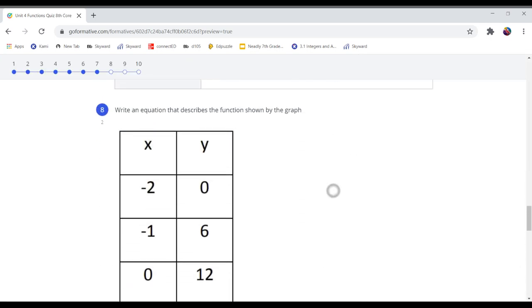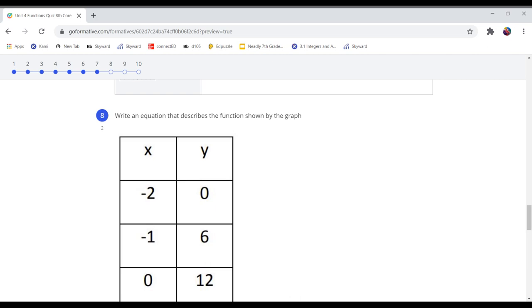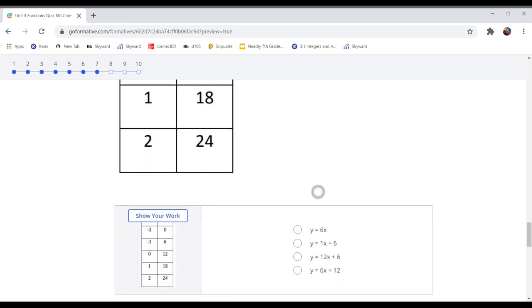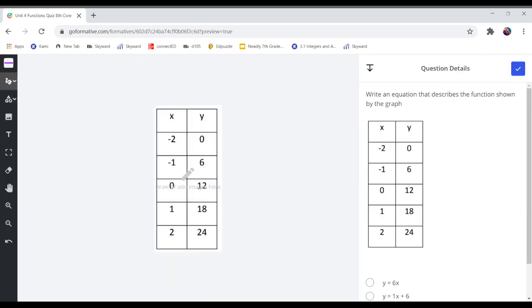And number 8, write an equation that describes the function shown by the graph. So I'm going to find my slope. My x values each time are increasing by 1. My y values are increasing by 6 each time.